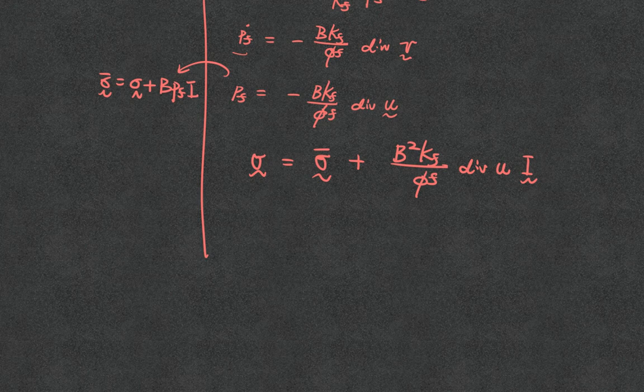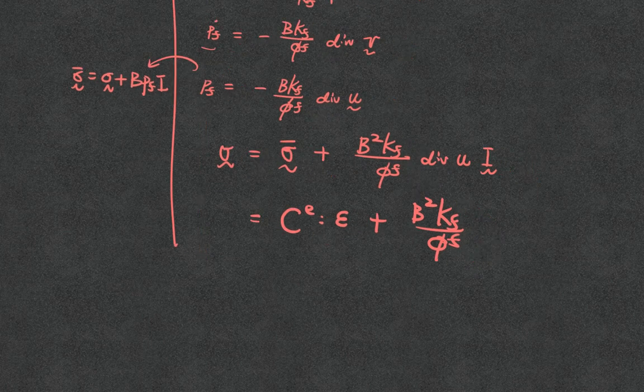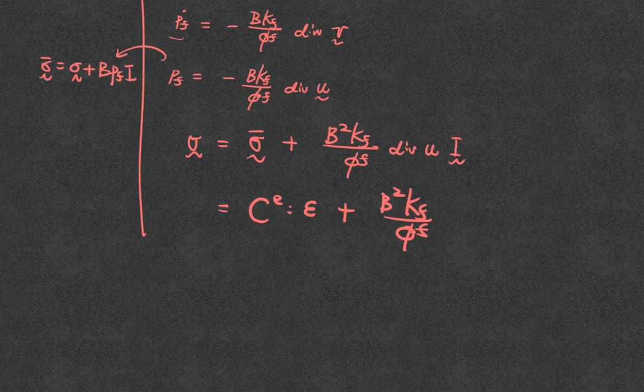Okay, so why do I care about this? Because the first term is actually C e double dot epsilon. The second term is B squared K_f divided by porosity. So what is divergence of U times I? Well, it would be just the divergence of U in all the different axes, right?